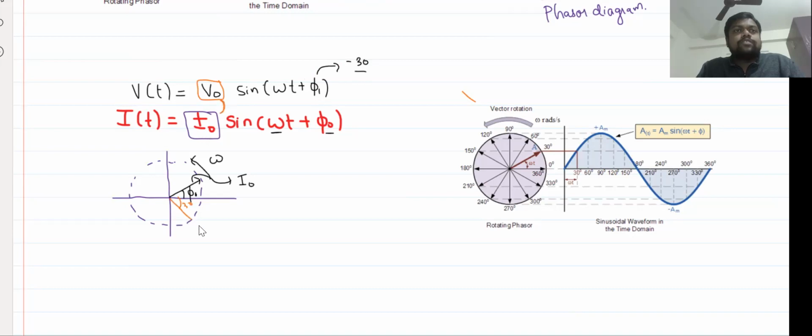If it has more value, you can represent the voltage with a little bigger length, moving in a bigger radius circle. But the omega will be the same, and this length will be V naught. So this is how you represent these two vectors in the same phasor diagram. This will be a phasor diagram of current and voltage.